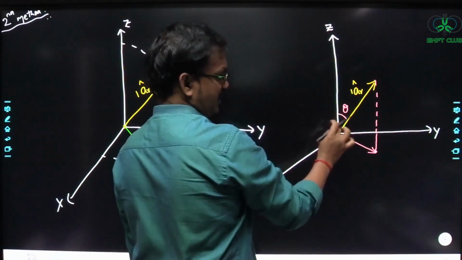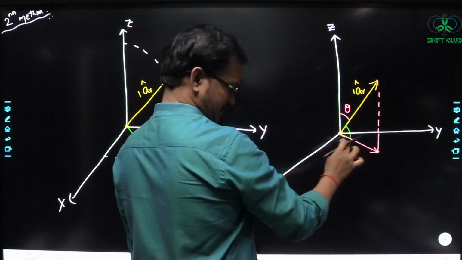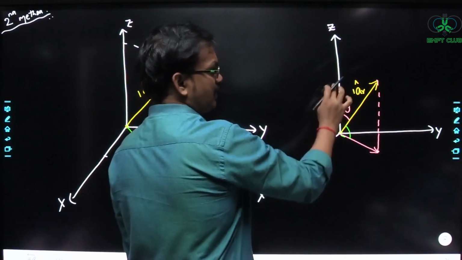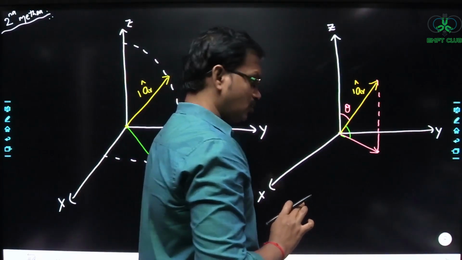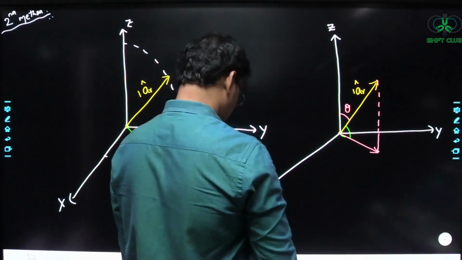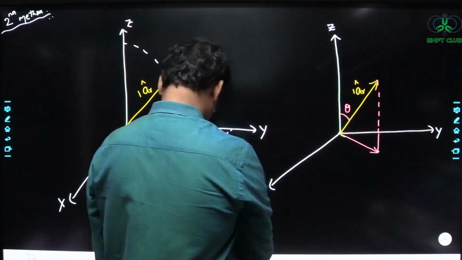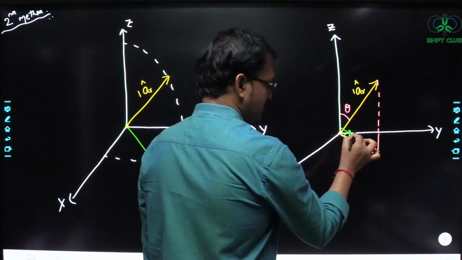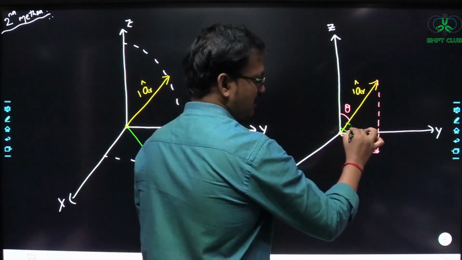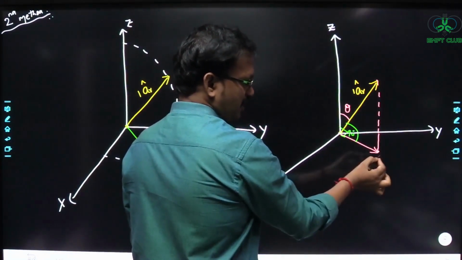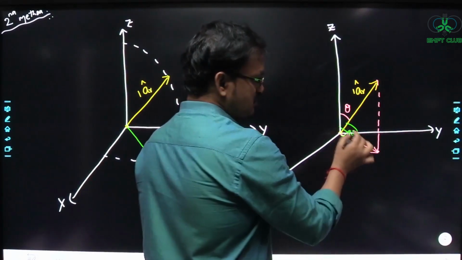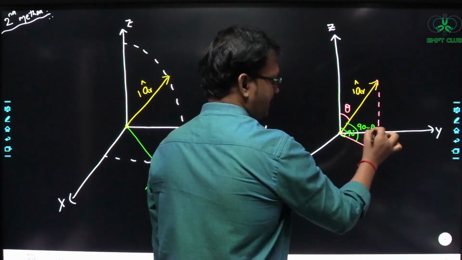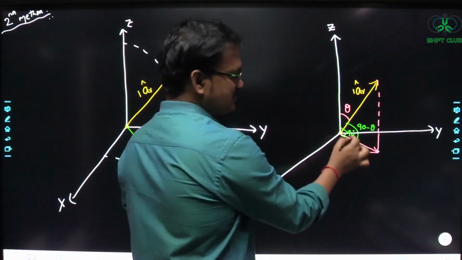Whatever vector you draw in the XY plane is going to make an angle of 90 degrees with respect to the z axis, or not? So the angle between the z axis and this vector is 90 degrees. So what is the angle between r cap and its component? This angle is 90 minus theta.